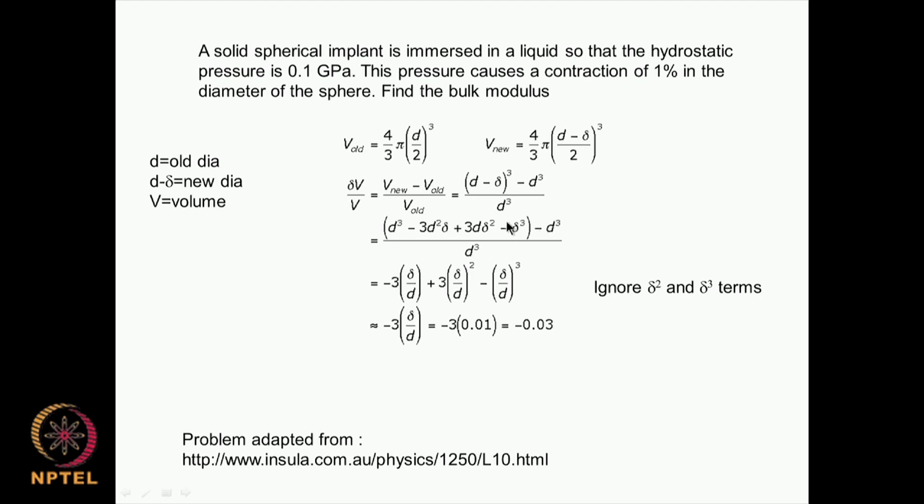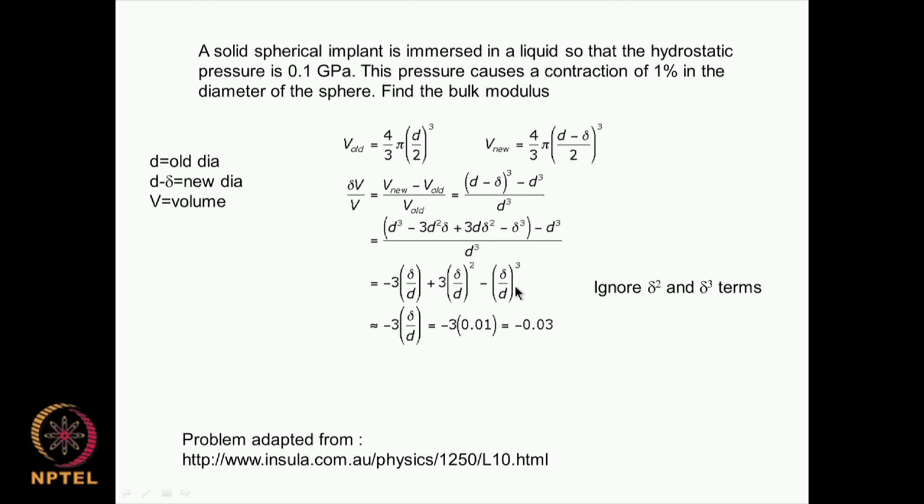We can cancel d cubed and divide by d, so it becomes minus 3 delta by d, then plus 3 delta by d whole squared, and minus delta by d whole cubed. These terms get cancelled like this.